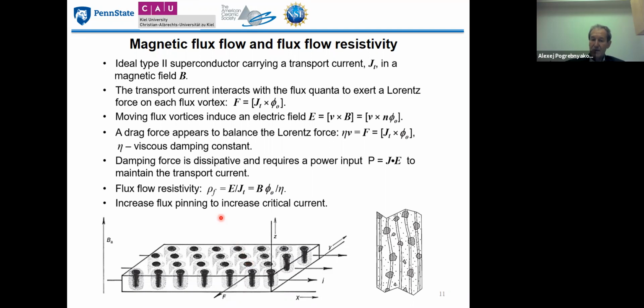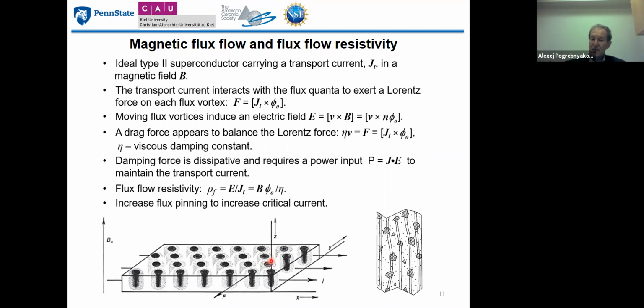This phenomenon is described by flux flow resistivity, as shown in this expression. To suppress the dissipation, and to make the current flow without resistance, as it should in superconductors, we have to prevent these vortices from moving.